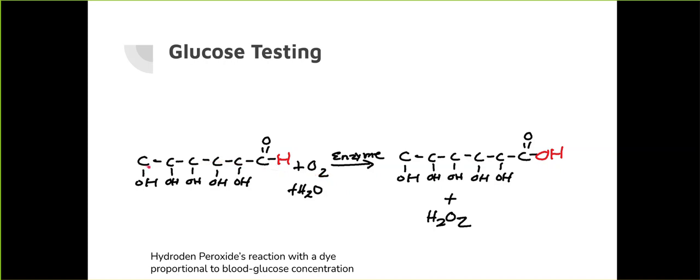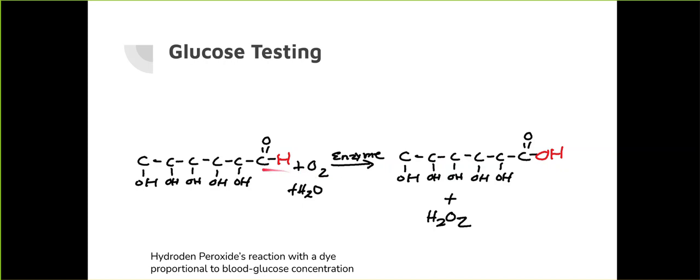So we're going to take glucose, and we're going to oxidize it in the presence of water with an enzyme. Remember, an enzyme's like a catalyst. It isn't consumed in the process, but it aids the reaction.